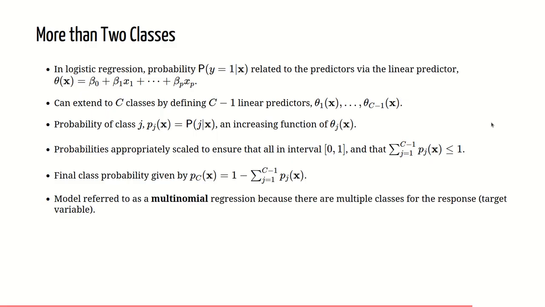Right. So what about the case where we have more than 2 classes? Well, the idea of logistic regression can be extended just by basically partitioning the data. So say we've got 3 classes, then what we do is we model the probability of the first class with a logistic regression versus the other 2, right?